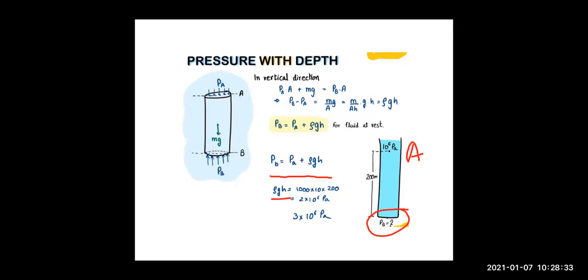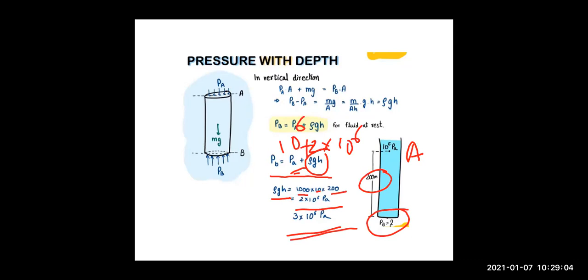Density of water is 1000, g we will take it as 10, and height is given to you 200. So it is 2 into 10 to the power 6 Pascal. And PA is given to us 10 to the power 6. So if you add them, you are going to get 3 into 10 to the power 6 Pascal. So this is the variation of pressure with the depth.